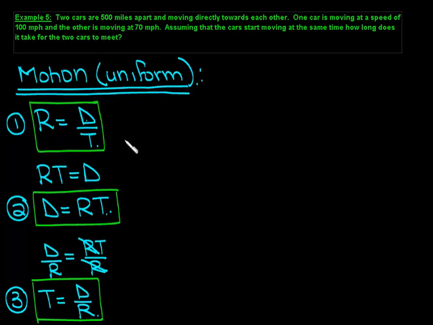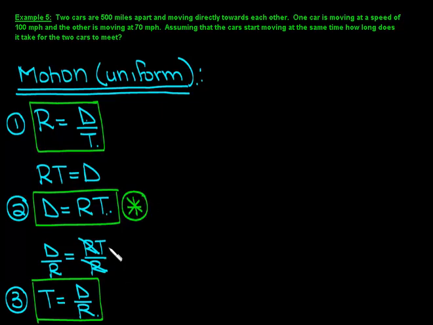I like to use this one just because usually they'll tell you something about the rate at which you're traveling and how long you've been traveling, so I prefer to use this formula for that reason. But like I said, sometimes in a problem it might be beneficial to use one of these other formulas, so you just have to adapt and use the other formulas. But the majority of the time you will end up using this one, where distance is equal to rate times time. Rate is how fast you're traveling times the time you've been traveling that distance.